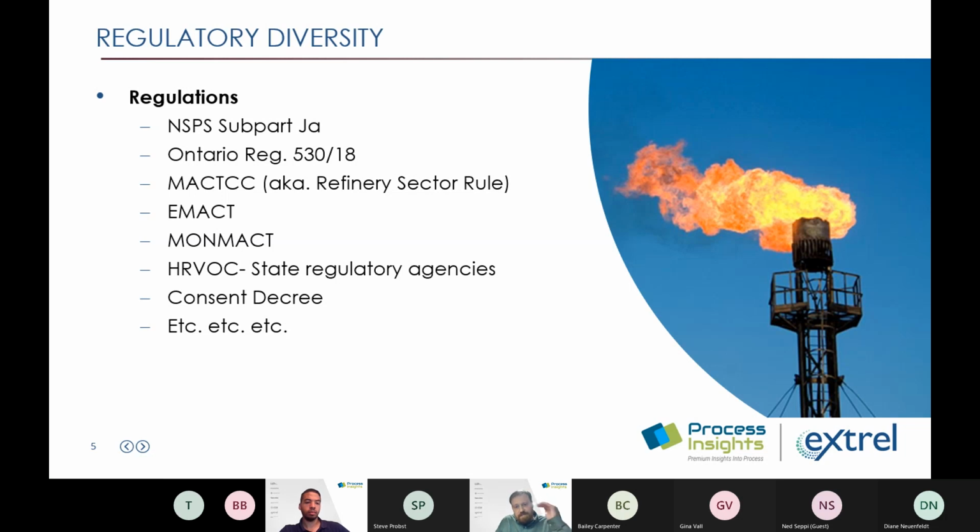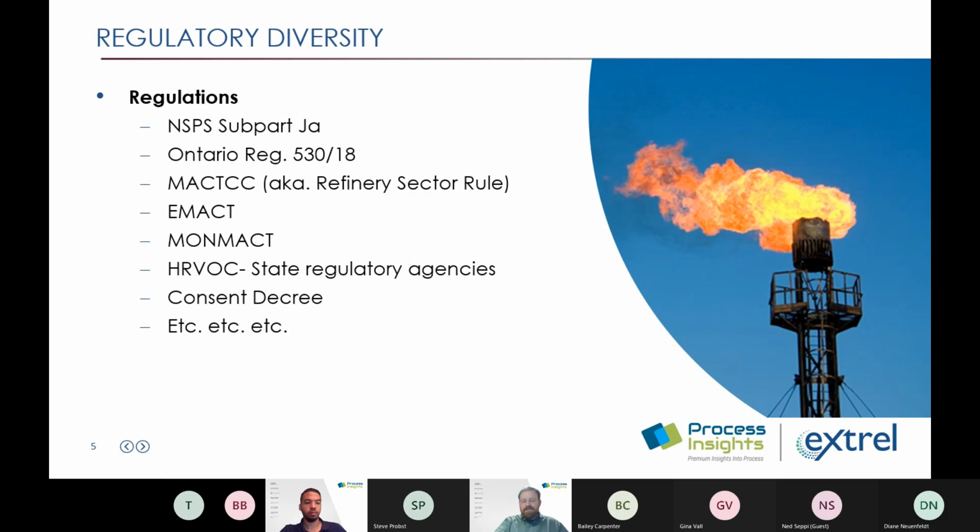They measure specific VOCs, and they need to report the concentrations of those. There can also be consent decrees and other types of rules that are site specific and flare specific. So any given flare, you could have several different rules that you have to comply with, and balancing that regulatory diversity is part of what goes into an effective flare plan.